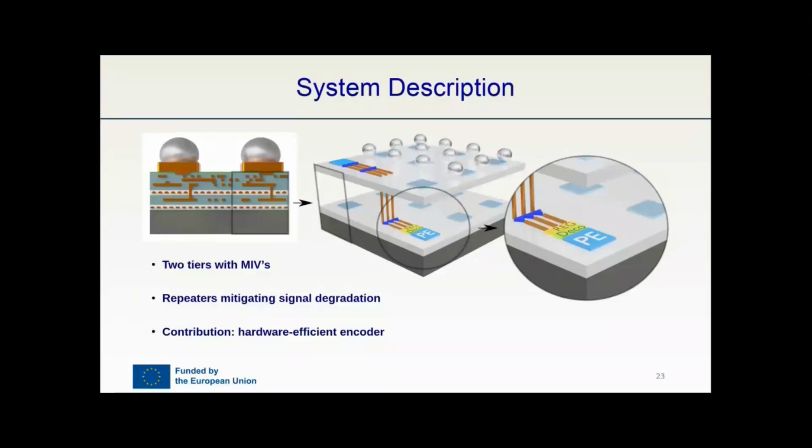So what is our goal? Fundamentally, our goal is to try to understand and model the electrical characteristics of this kind of monolithic implementation connected by MIVs, to have a look at our system and to try to see if we can connect elements that, for example, are in the upper tier and then have to be connected to the lower vias using a set of optimized wire structures with the optimal number of buffers.